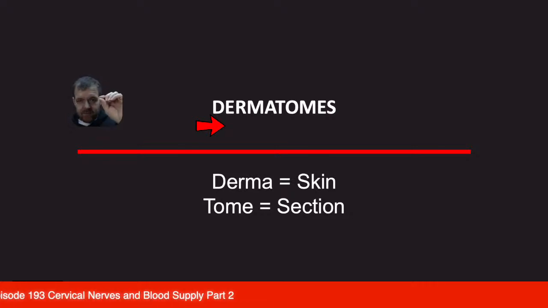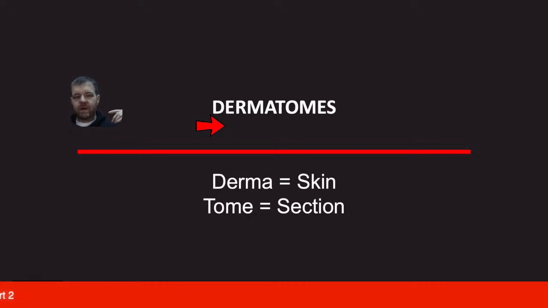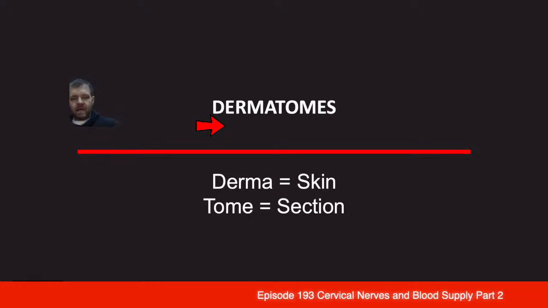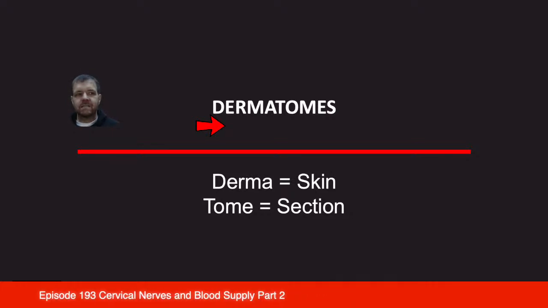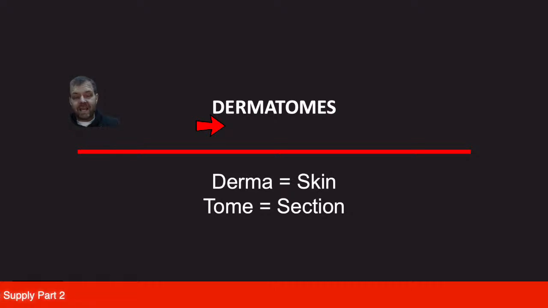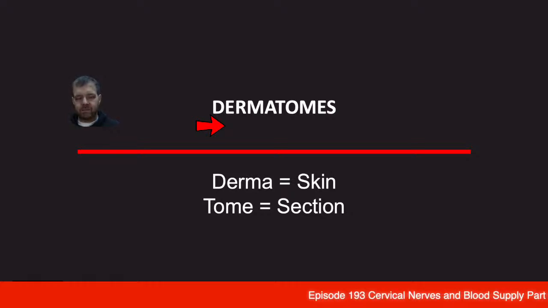So if there's an injury to a specific nerve root, say you have some kind of lesion at C6, there will be a specific area of skin. When I say specific, there's a lot of crossover, but there is a general area of skin that will be affected if the C6 nerve root has a problem.